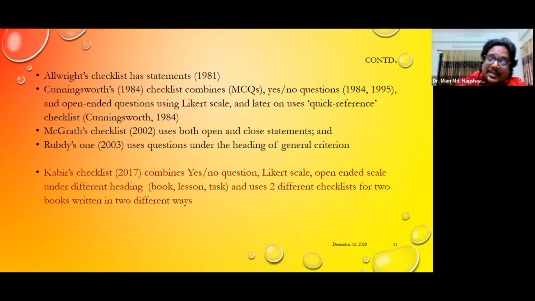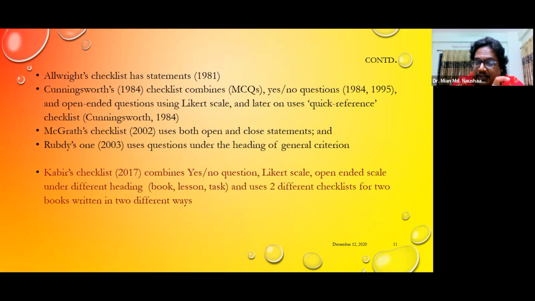In my checklist, I combined yes/no questions, Likert scale, and open-ended questions under different headings, and my evaluation followed a kind of trend.